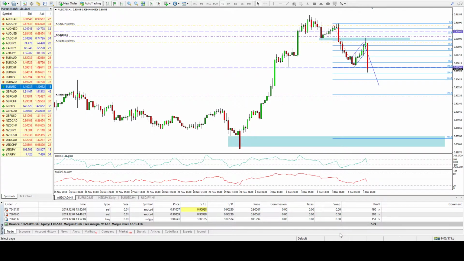I'm in break even on one of them, and about maybe 5 pips stop loss on the second one, but still I don't want to lose 65 pips. But it looks like it's going to go back down, so we'll see.